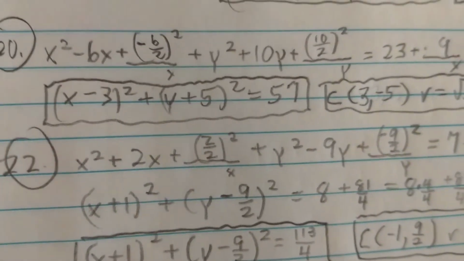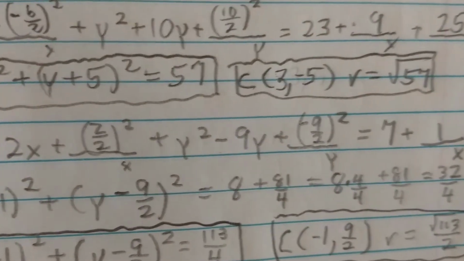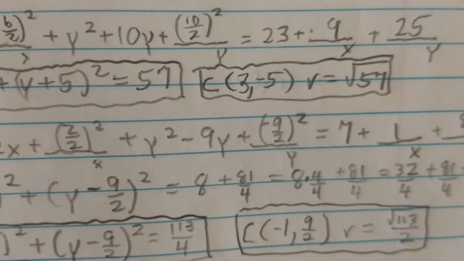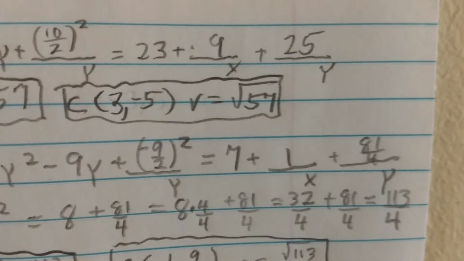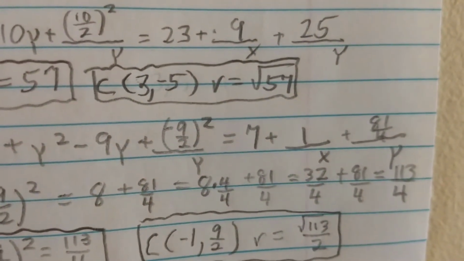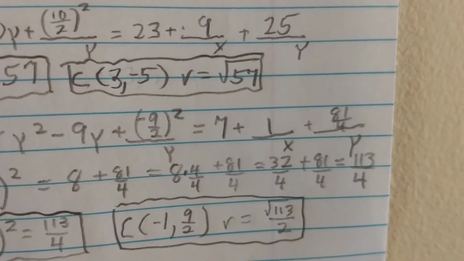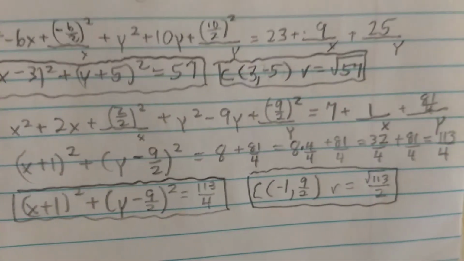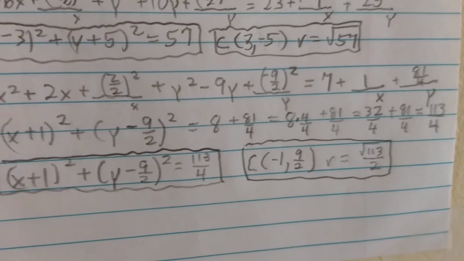For the y part, we take y squared plus 10y, plus 10 over 2, which is 5, and notice in the bottom it's y plus 5 squared. But for filling in the blank, that's 5 squared, or 25, in the blank y. So now to get the right side, radius squared, we just add 23 plus 9 plus 25, which is 57. So our center now becomes 3, negative 5, and our radius is just the square root of 57.